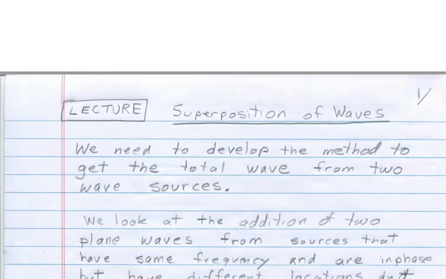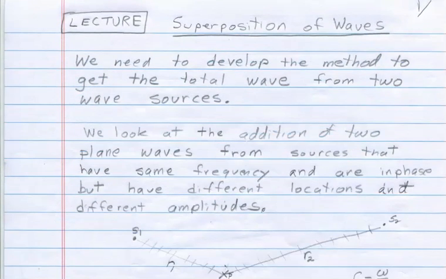There are several techniques for doing this, but in essence, the ones that are most important for us will be adding waves from two different sources, or maybe more than two sources. I'll look at it in the picture of just two.